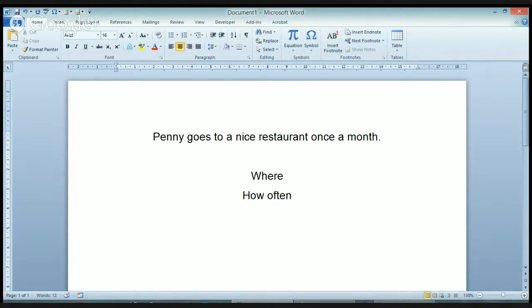So what will be the question then? Think of the question and answer. Question and short answer. Where does, put third person, where does Penny go once a month? To a nice restaurant. Super.